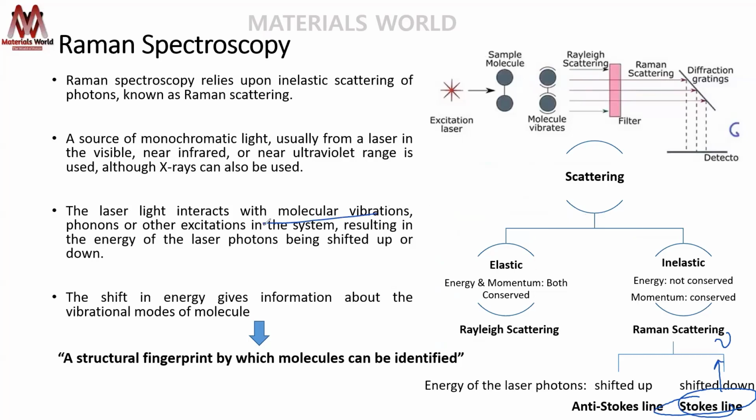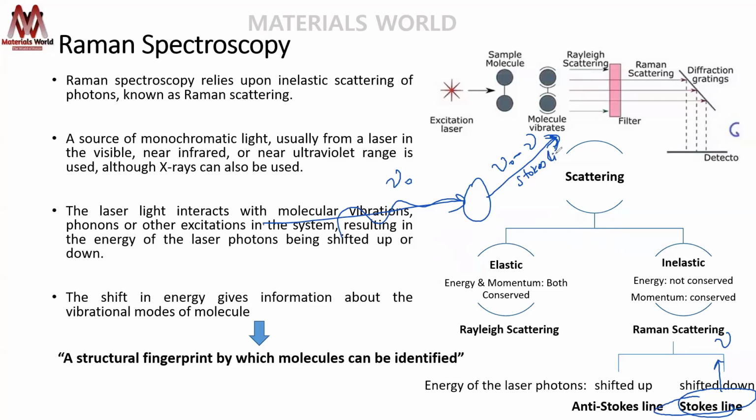Let's say my incident laser has frequency nu naught. After colliding, the laser photon has energy lower than nu naught, so nu naught minus nu. We call it what? Stokes line. This scattering is called Raman scattering. Which Raman line is this?